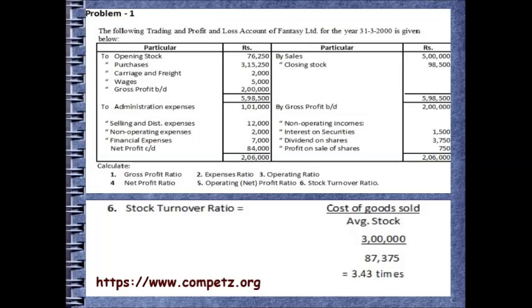So we get the answer as 3.43. 3.43 means inventory turnover ratio is 3.43. It measures the number of times, that is 3.43 times, inventory has been turned over, or in simple language was converted to sales during a specified time period.